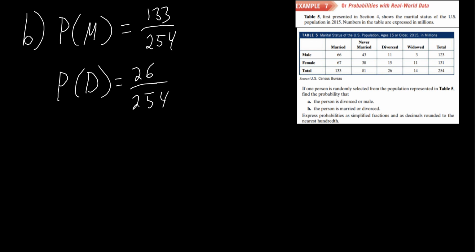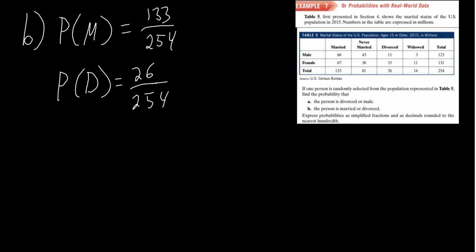Okay. Now again, all we're wanting to know is the probability that they're married or divorced. And so let's look at the total number of married and the total number of divorced. All right. There's no overlap there, right? There's no intersection there. So all we have to do is just add those probabilities up.